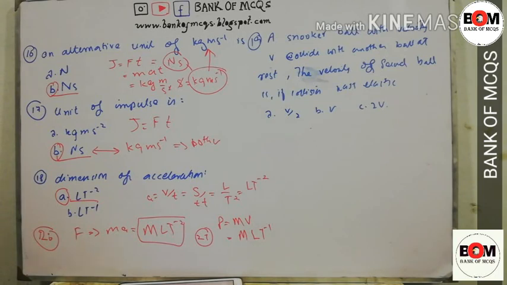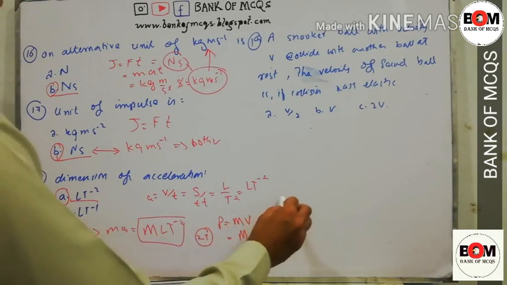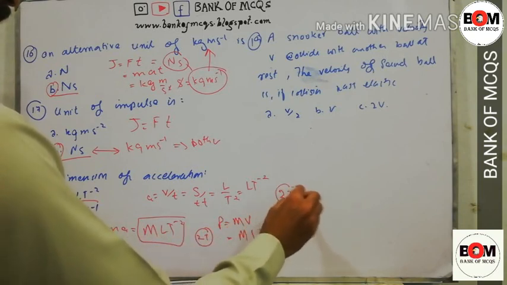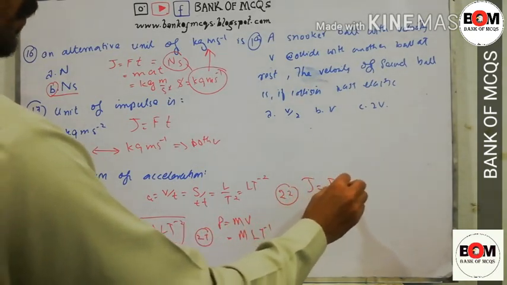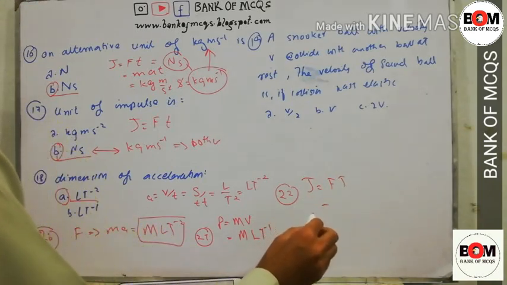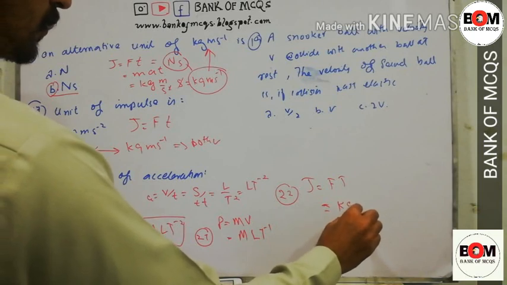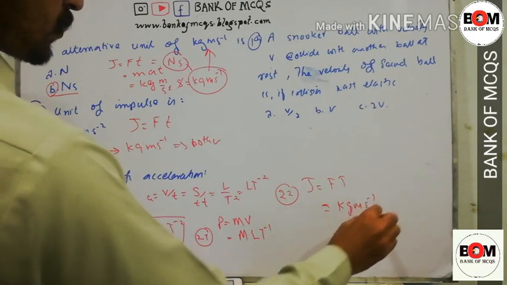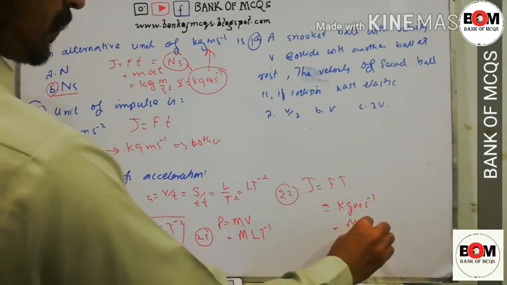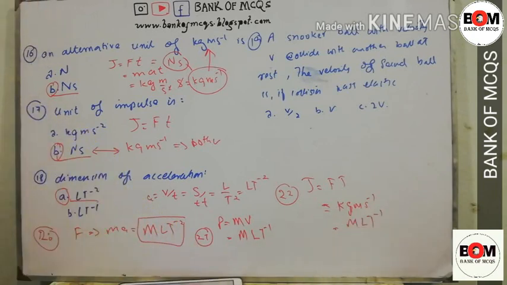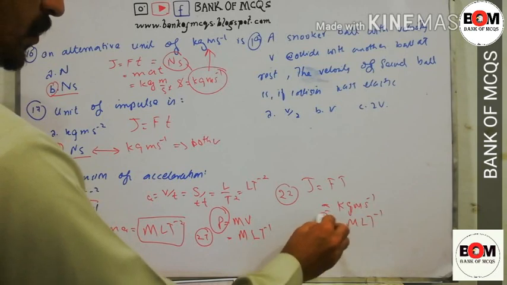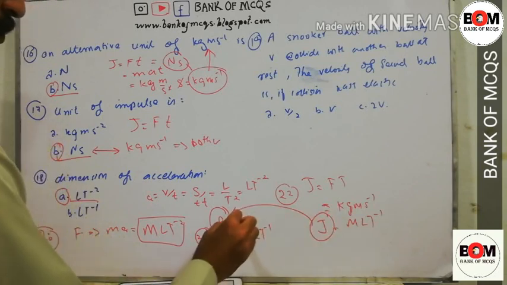Now to find the dimension of impulse, J is equal to F t, where the unit of J is kilogram meter per second. So we can write M L T minus 1. So momentum and impulse have the same unit.